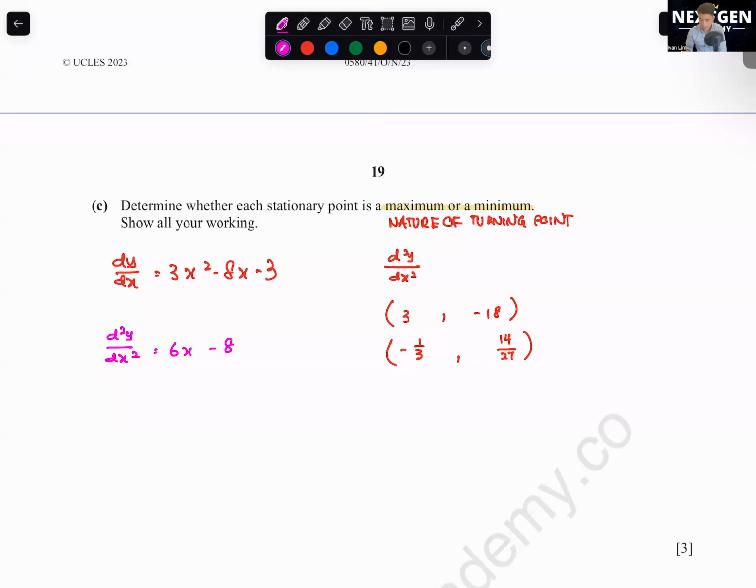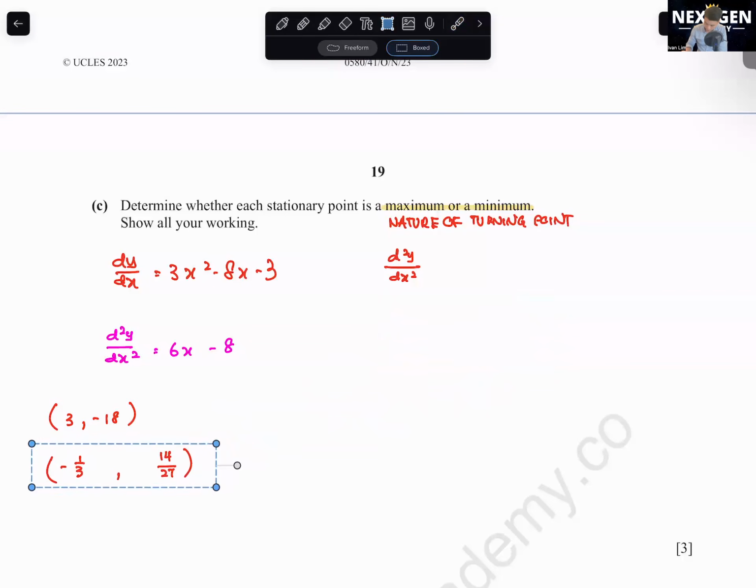After we have found this, I need to substitute in just the x value. You substitute the x value for each point into d squared y over dx squared.